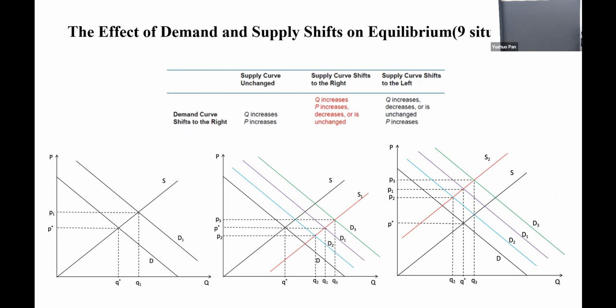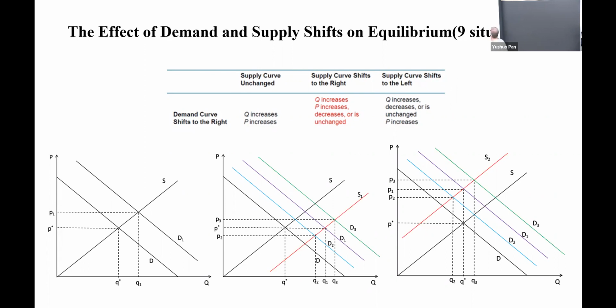If the demand curve shifted to the right and the supply curve doesn't change, that's easy, right? Only one curve moves. The new equilibrium is here. That's the original equilibrium. You can see the new equilibrium price P1 is bigger than P star, and Q1 is also bigger than Q star. So both P and Q increase.